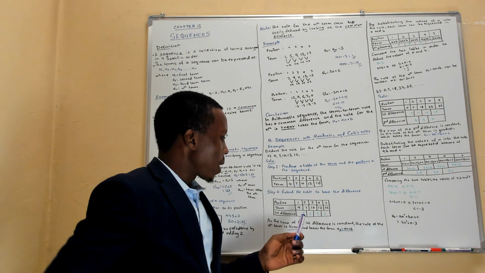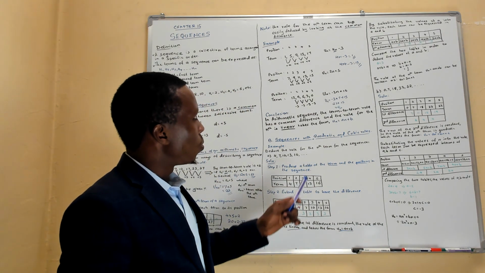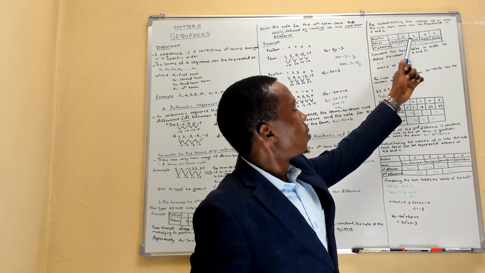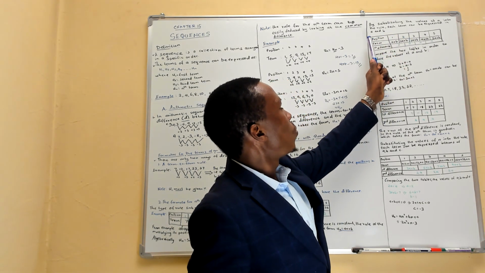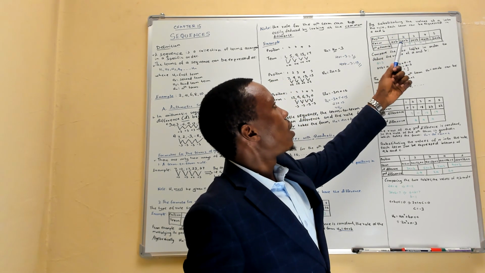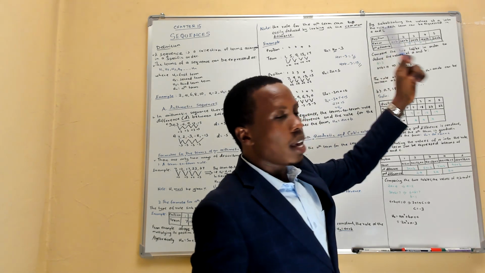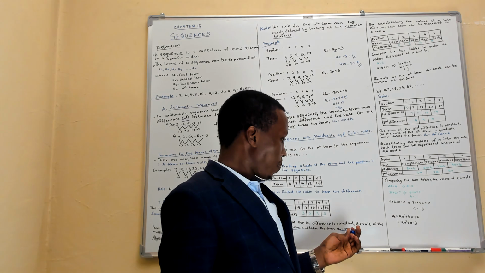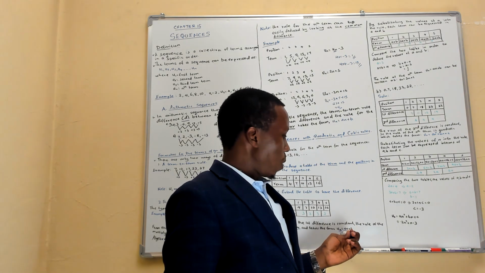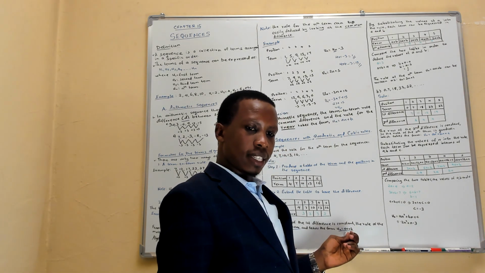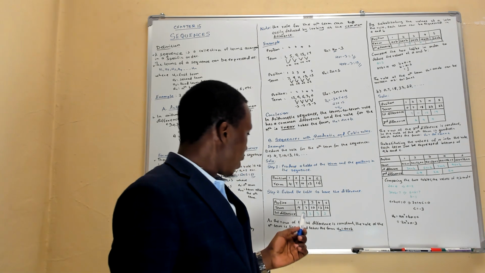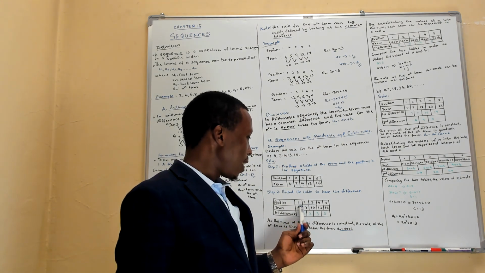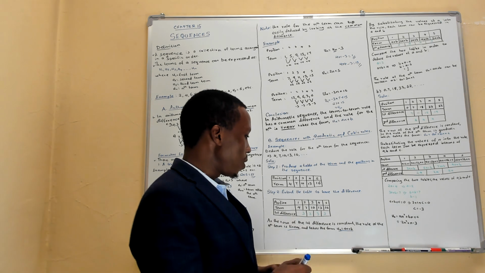Let's see. I want to substitute the value of n into the rule, so that each term can be represented in terms of a and b. In other words, I want to use this rule and represent every term, so that instead of writing 4, I say 4 is in the first position.